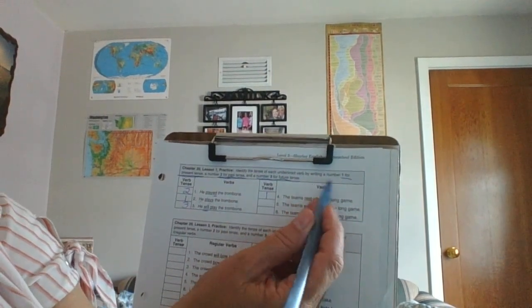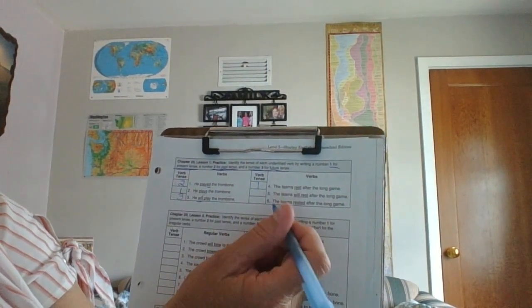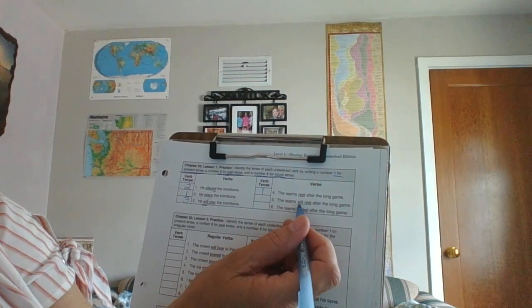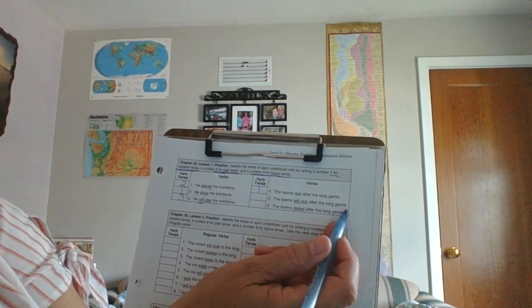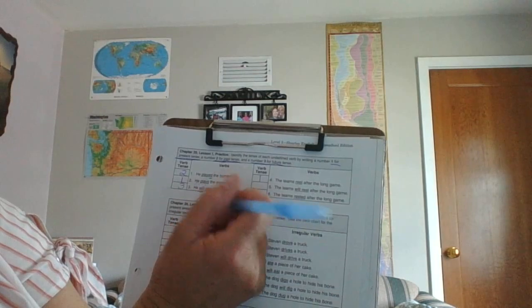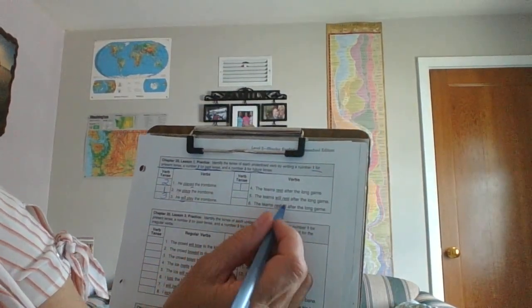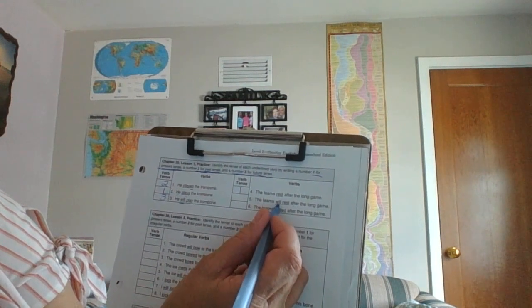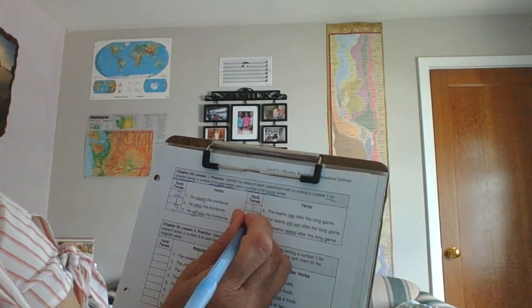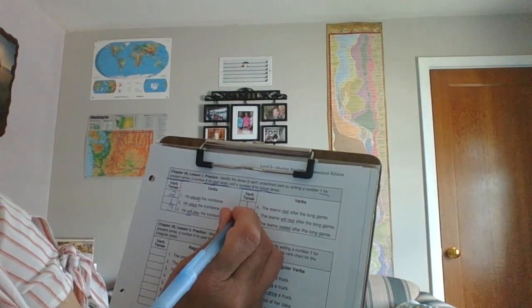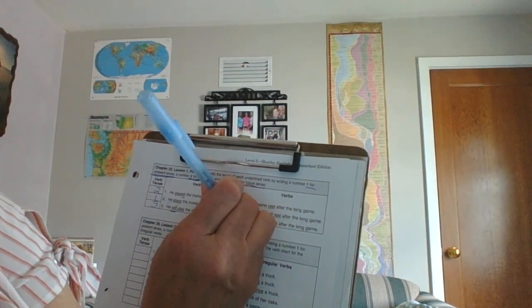That's present, so I'm going to put a number 1. Number 5, it says the teams will rest after the long game. Aha, I remember when Mrs. Lennon told me that oftentimes a future tense verb has will in front of it. So I know it's a future tense. 3 represents future tense. Okay.